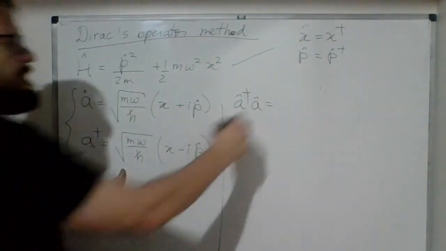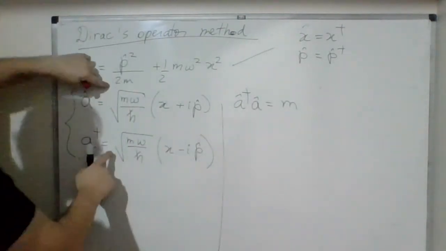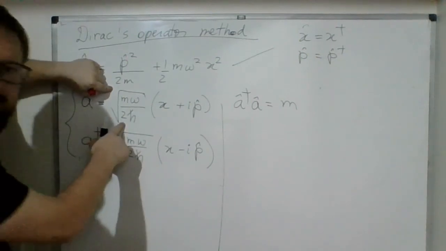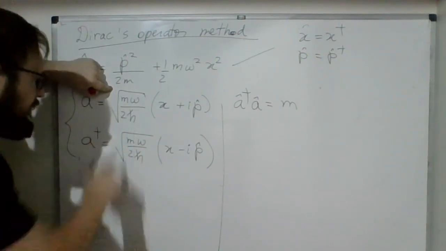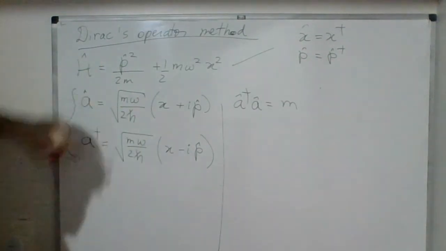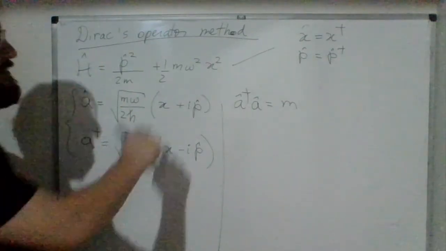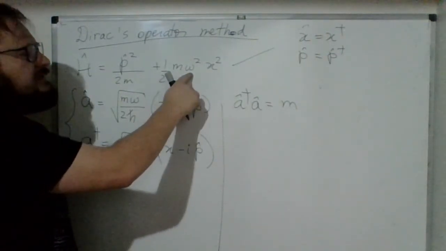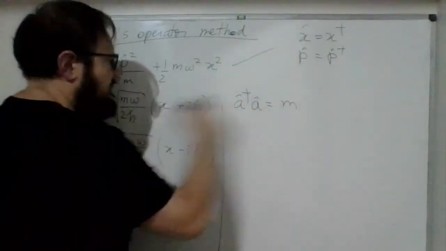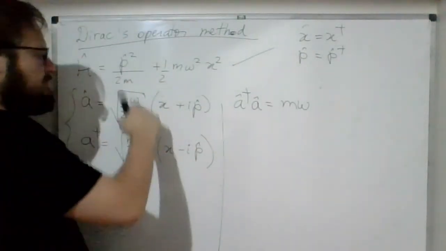Both have a normalizing constant, sorry, I forgot the factor of 2 here, which depends on the mass, the natural frequency, and the Planck constant. You'll find the square root squared.